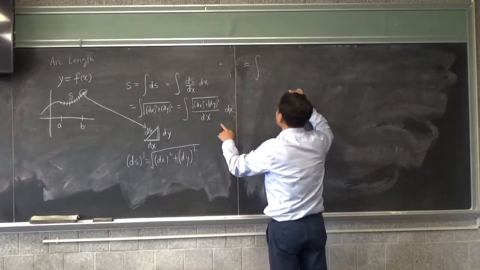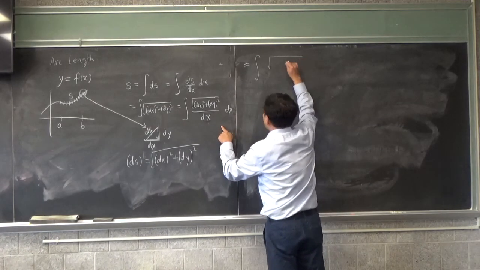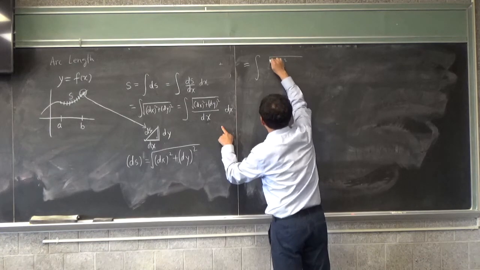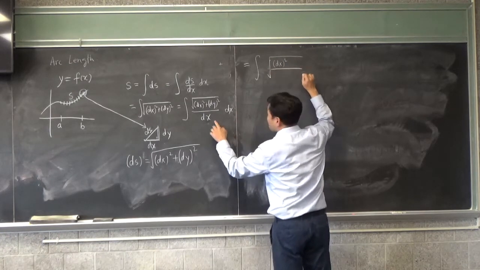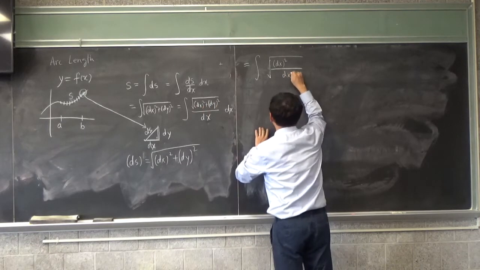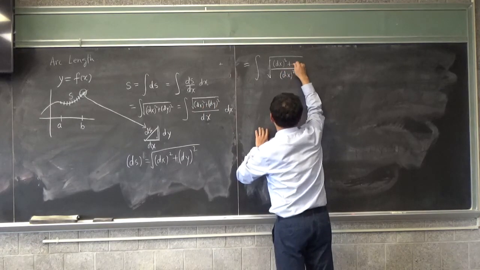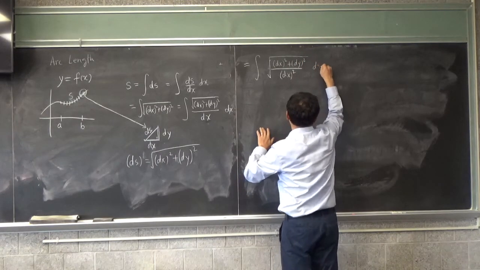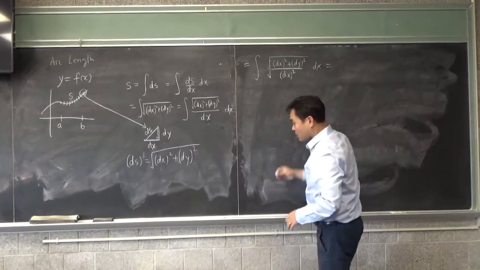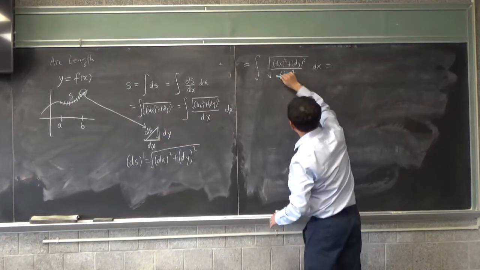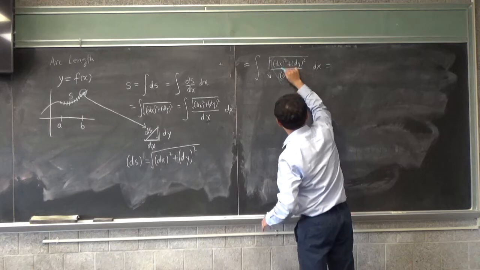So you have dx squared, and then I'm going to put this dx inside the square root by squaring it. And then you remember this thing, the heart-shaped? Share the love.